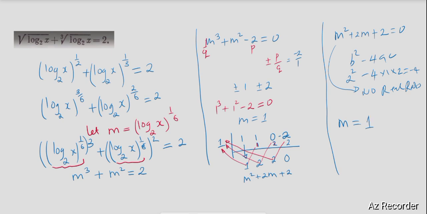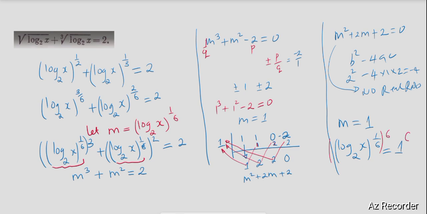Now we go back to the logarithm function, whereby we said the logarithm to base 2 x raised to power 1 over 6 is simply equal to 1. Now to get rid of 1 over 6, we're going to raise this to power 6.